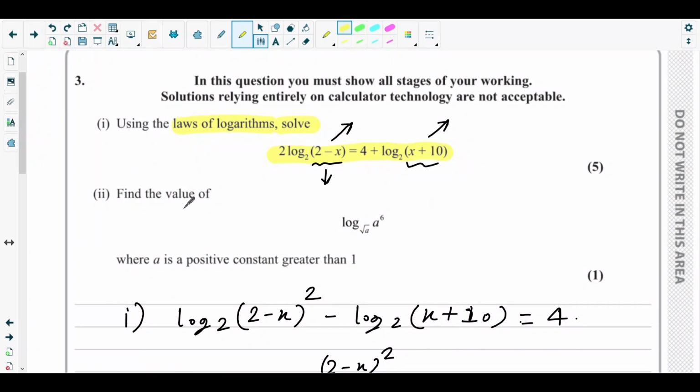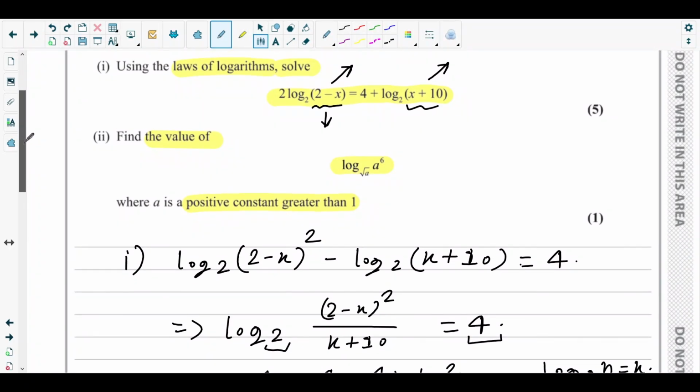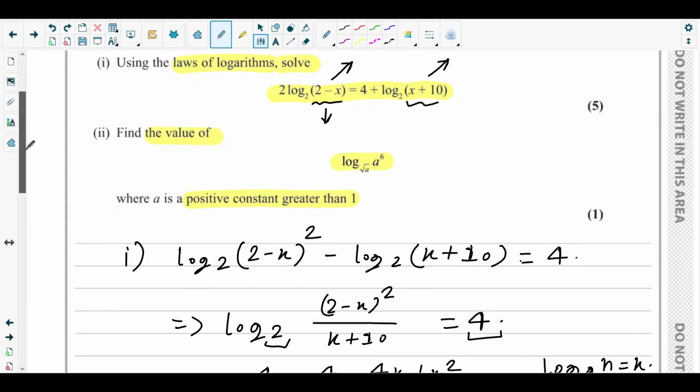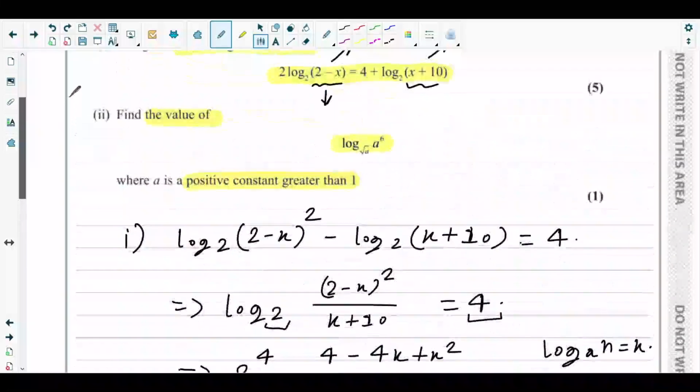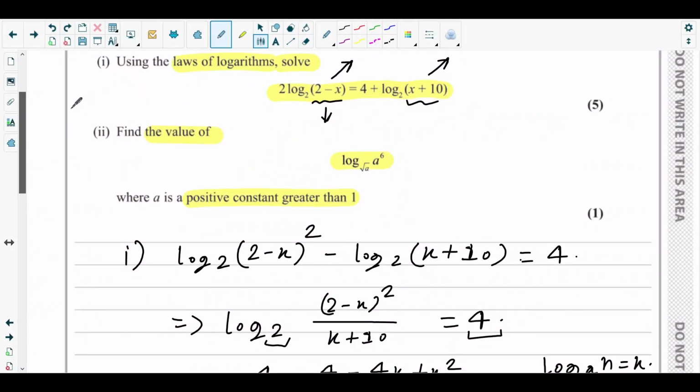Here the question is asking to find the value of log base square root of a of a to the power 6, where a is a positive constant greater than 1. That means we need to simplify and get the value of this logarithmic expression. The base is square root of a.